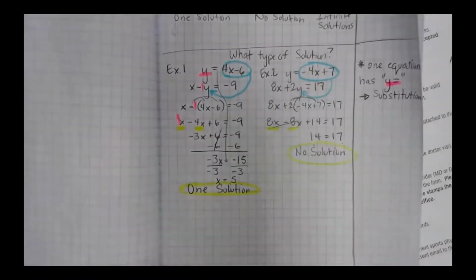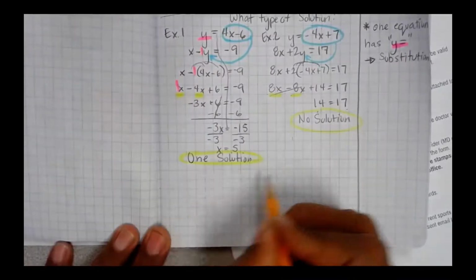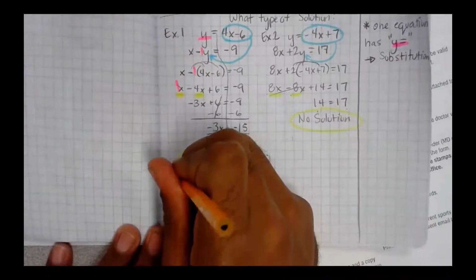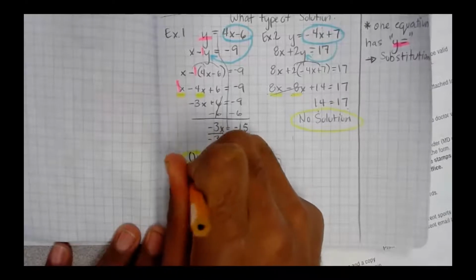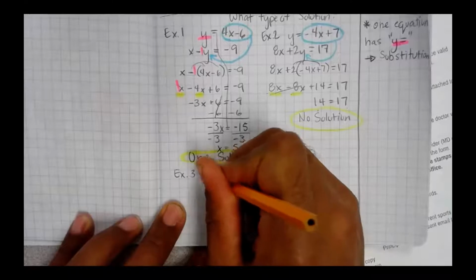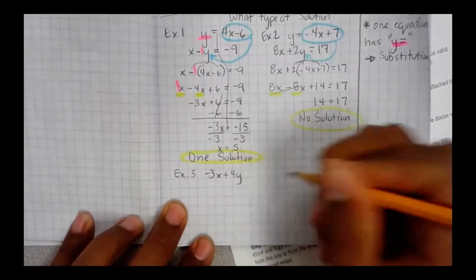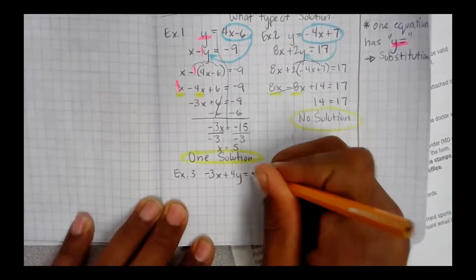Okay, I'm going to put this next one right below, down here. If you have to go to the next page, go to the next page. Okay, so now both of these problems are going to be in standard form. So I have negative 3x plus 4y equals 5.